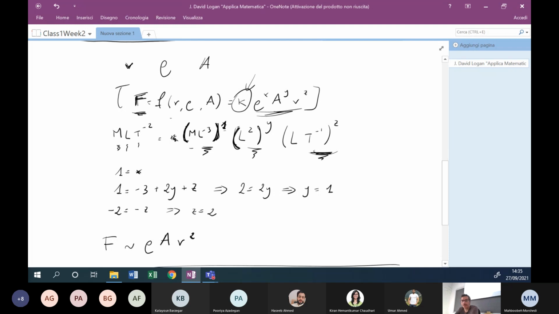So I'm assuming that the resistance of the air is going to be a function only of rho, A, and V, and then if there is any number in front of this combination of rho, A, and V, it's going to be in this K. I don't care what's the number.